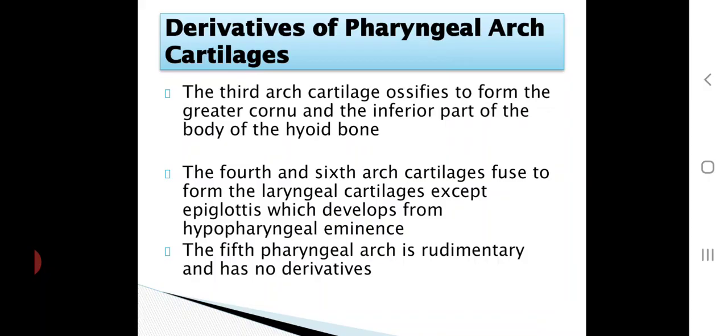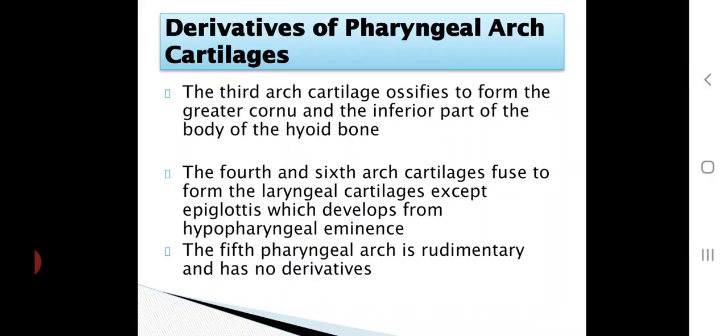If you see the remaining fourth and sixth arch, already we have told the fifth arch is rudimentary, so it is not going to give rise to many derivatives, any bony derivatives or any derivatives. So the fourth and sixth arch cartilages fuse to form the remaining cartilages in the neck region, except the epiglottis.